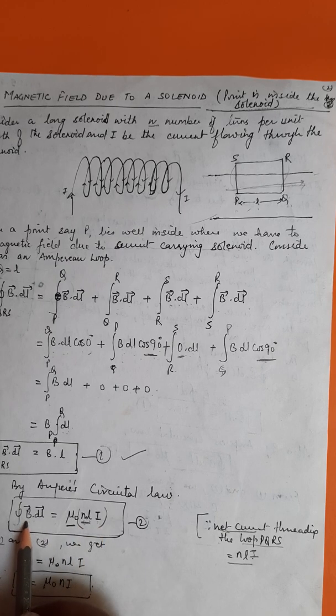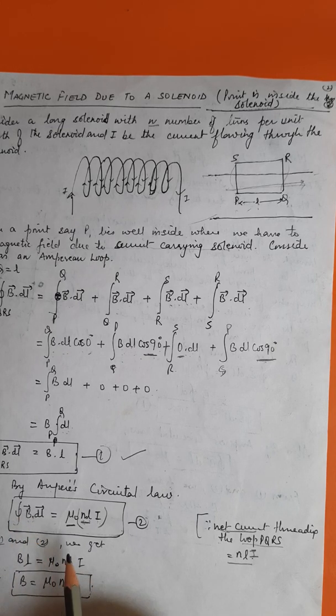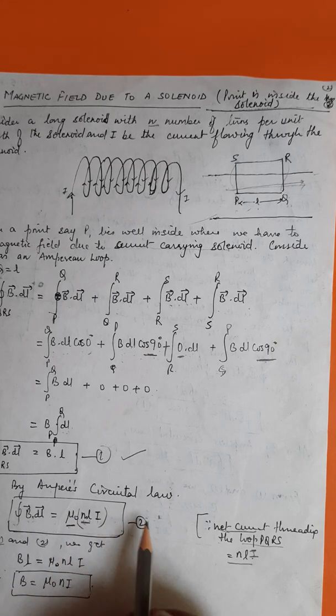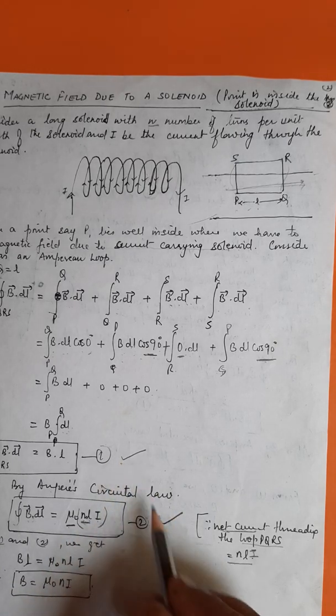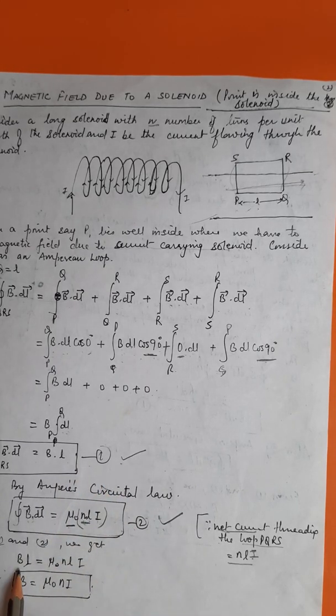According to Ampere's circuital law, the closed integral of B dot dl is equal to mu naught nLI. Equating the first and second expressions, BL is equal to mu naught nLI. L and L cancel out and we get B is equal to mu naught nI.